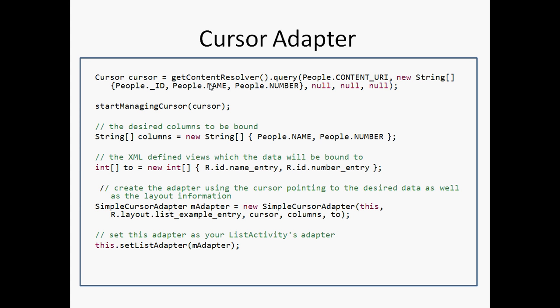This is how the mapping between columns and elements is taken care of. The columns are of type string array, while the other is of type integer array, in the sense that the IDs of these elements are specified in the ID attribute of those elements inside the list underscore example dot entry. We take reference of these elements while specifying the mapping.